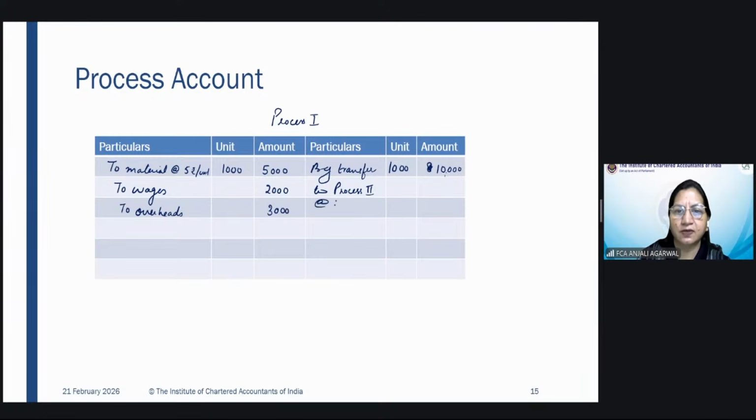So this is at the rate of 10 rupee per unit. Now check what is the total of the unit on the debit side, 1000. Total of the amount on the debit side, 10,000. Same is on the credit side also.